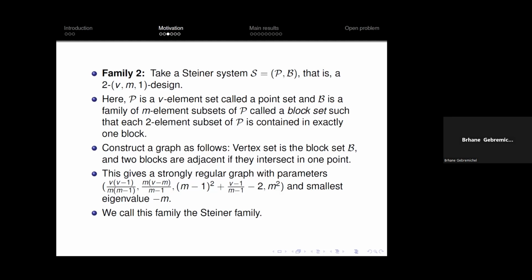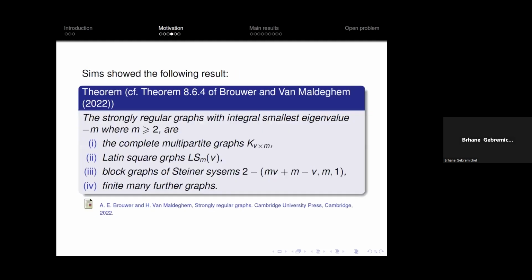This gives a strongly regular graph with parameters v times (v minus 1) over m times (m minus 1), and the k value becomes m times (v minus m) over (m minus 1). Lambda becomes (m minus 1) squared plus (v minus 1) over (m minus 1) minus 2, and mu equals m squared. And the smallest eigenvalue for this graph is negative m. And we call this family the Steiner family, or block graphs of Steiner systems.